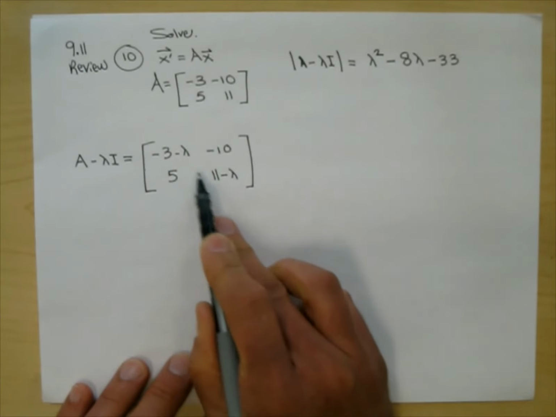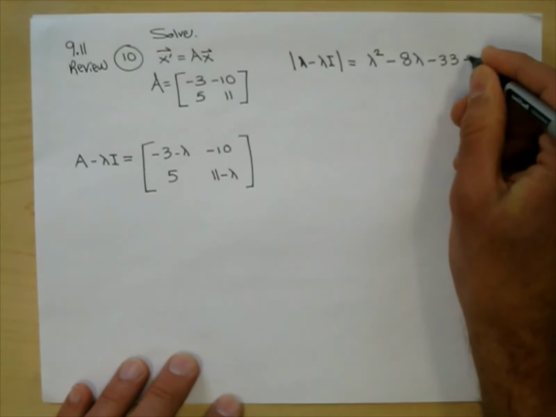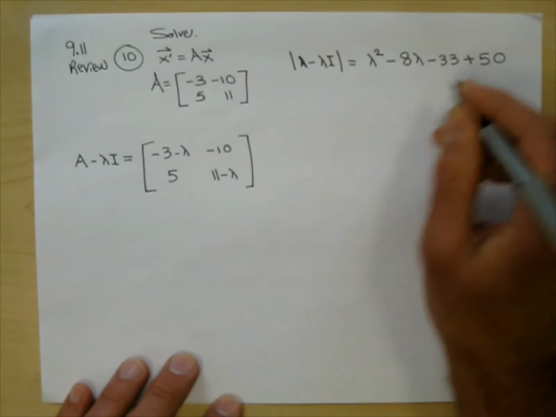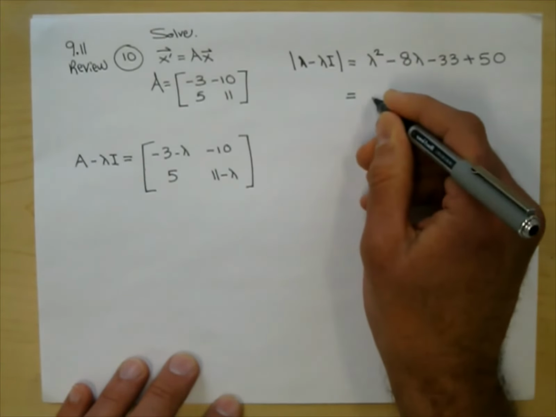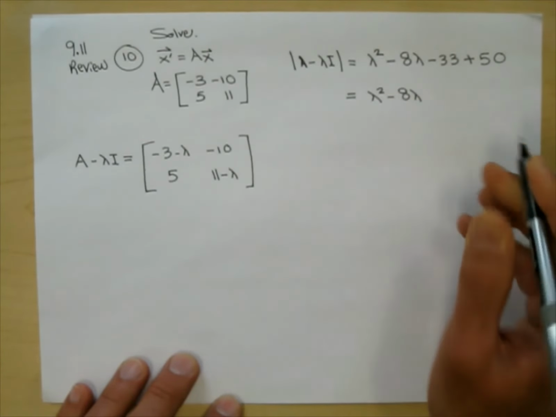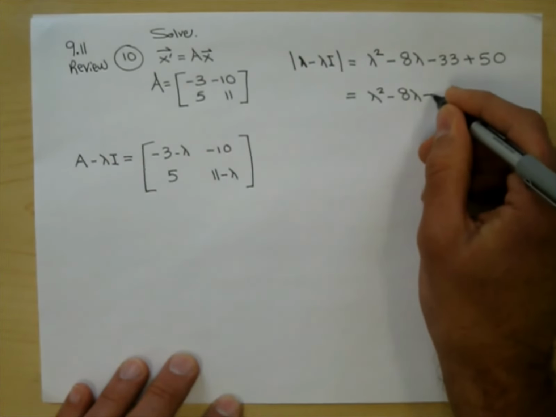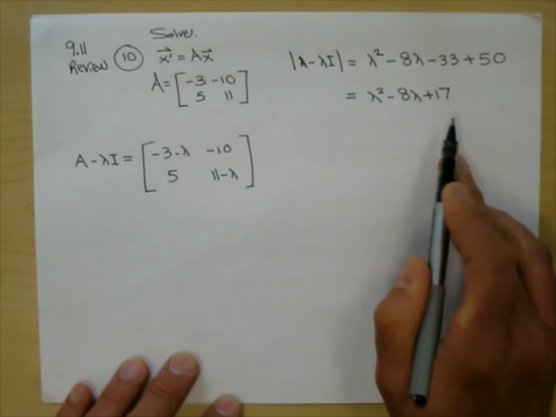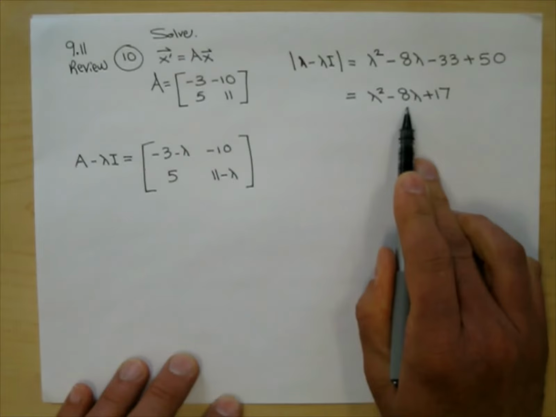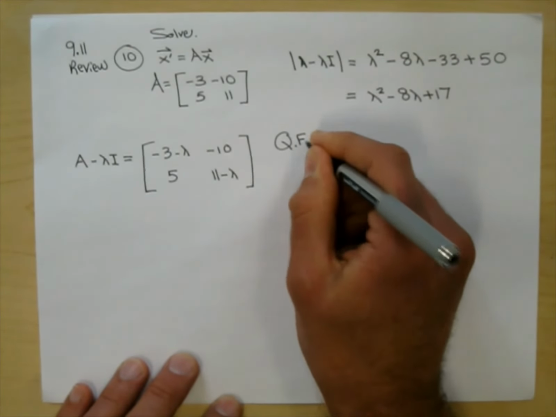So that was AD minus BC, so I'm going to go minus a negative 50. That's going to give me plus 50. So this gives me lambda squared minus 8 lambda plus 17. Factors of 17 that add up to give me 8, well, it's not going to happen. So I'm going to go ahead and plug this into the quadratic formula.